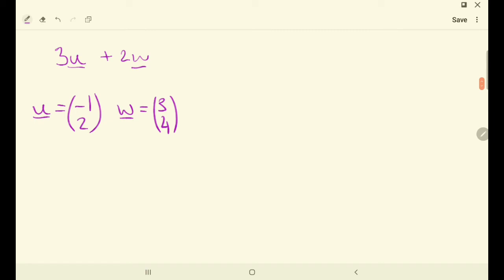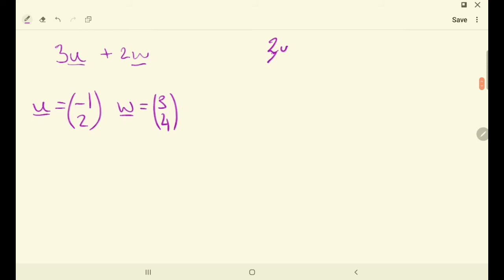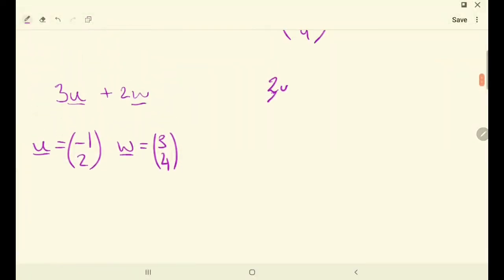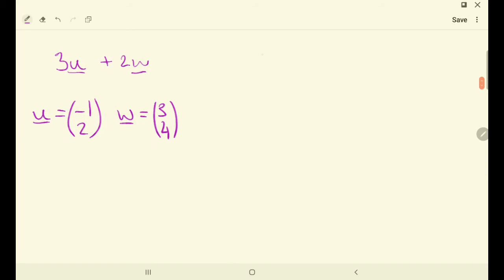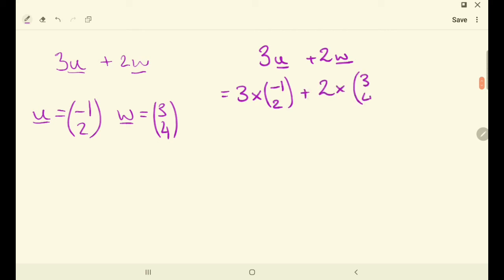It's your choice whether you deal with the 3u and the 2w separately, then bring them together, or whether you do it all at once. I'm going to leave that up to you to decide, but I'll do it all together. So I've got 3u plus 2w. So that's going to equal 3 times (-1, 2) plus 2 times (3, 4).